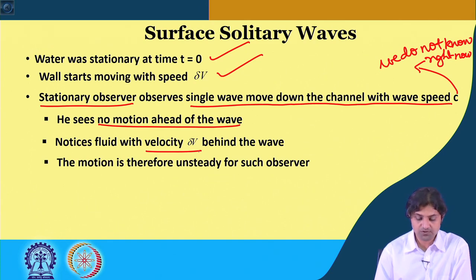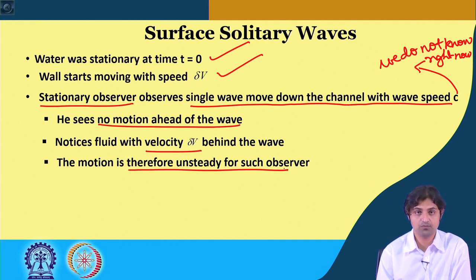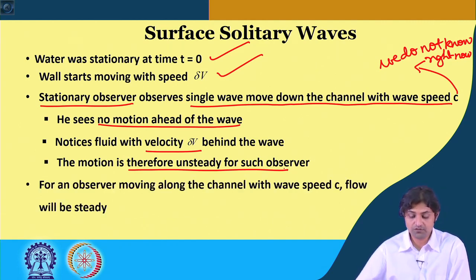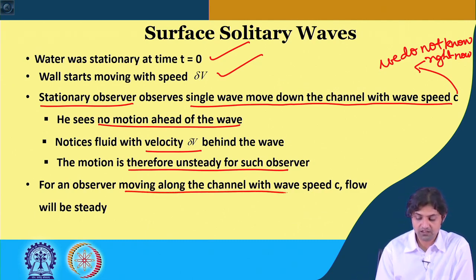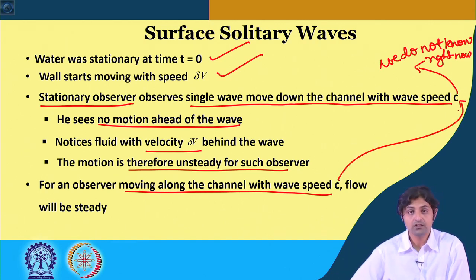So, for such an observer the motion is unsteady, who is basically stationary and observing from a distant point. If there is an observer that is moving along the channel with the same wave speed c, the flow is going to be steady.